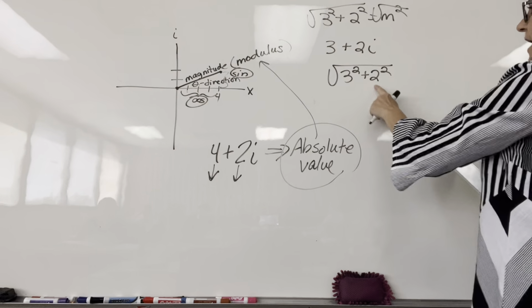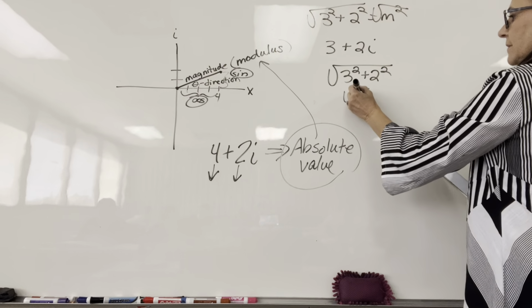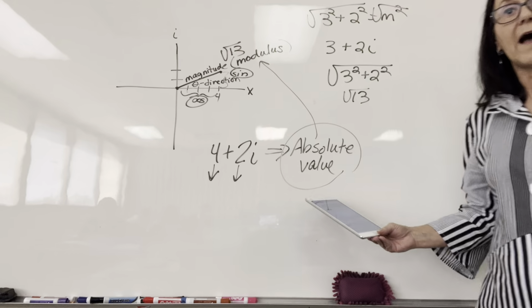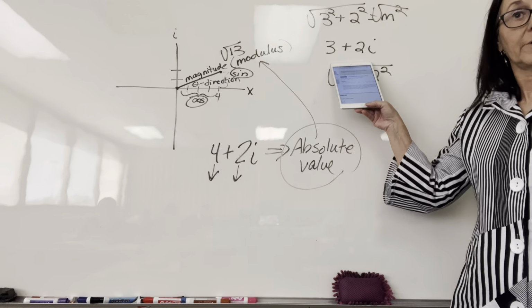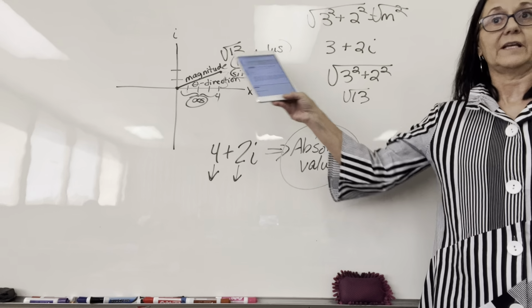That's 9 plus 4, which is 13. So it's the square root of 13. My modulus, or the absolute value of this complex number, is the square root of 13.